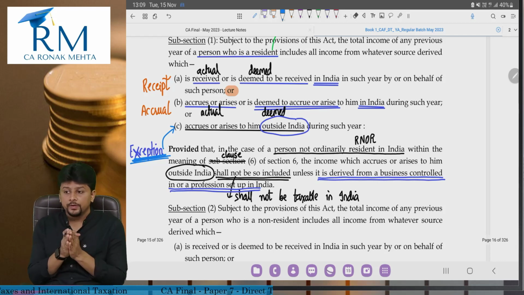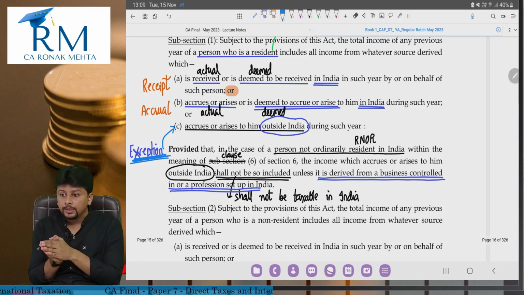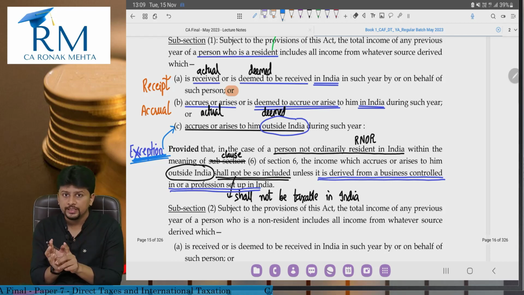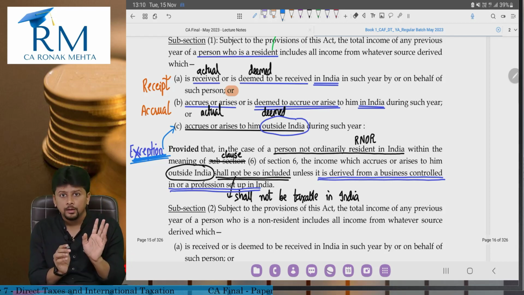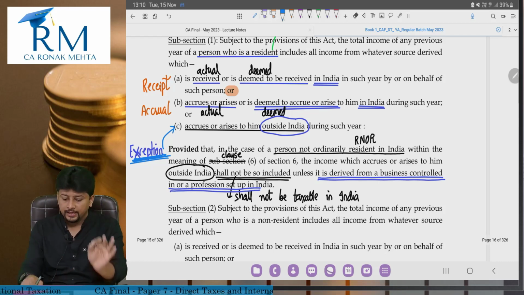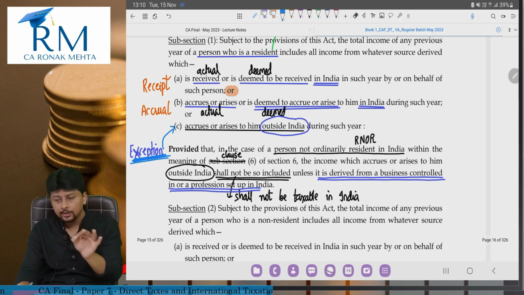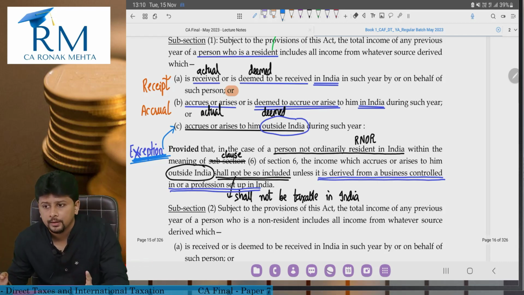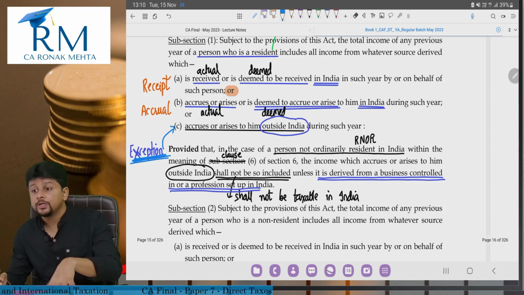The income which accrues or arises to him outside India, that's only for point C. The proviso is only for point C, not for point A and B. That means for A and B point, section 5, subsection 1, clause A, clause B is applicable for both residents. What is clause A? Received or deemed to be received in India.